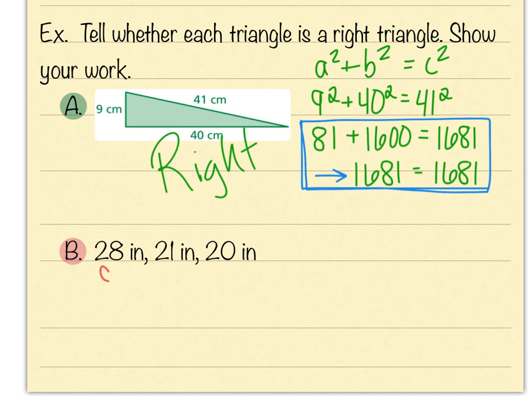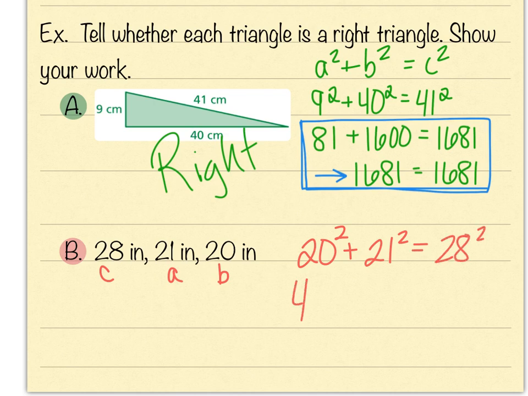Now, remember, c is always the longest side, the hypotenuse. So this must be a and b, or b and a, doesn't really matter. A squared plus b squared equals c squared. And let's see if this is a right triangle. 400 plus 441. And then 28 squared is 784.